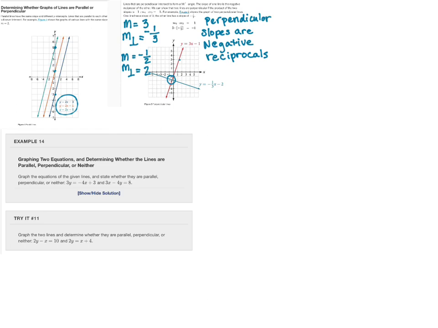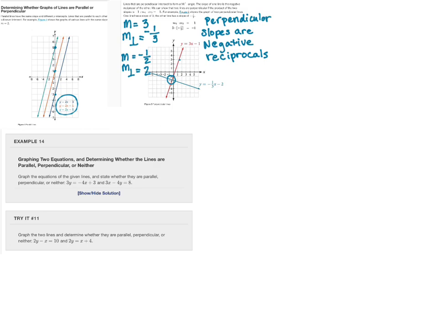Okay? So today is that on the thing? Homework? So let's do example 14. It says graphing two equations and determining whether the lines are parallel, perpendicular, or neither. I'm going to cut you some slack here and not make you graph these. I just want you to be able to compare the equations. If we get stuck in the weeds with graphing lines, we'll never move on.